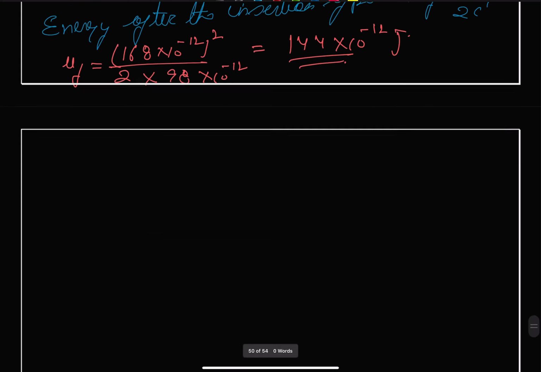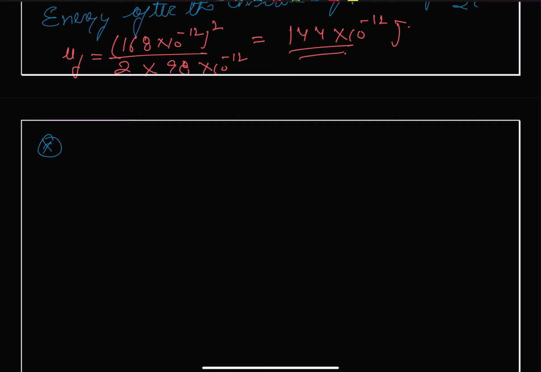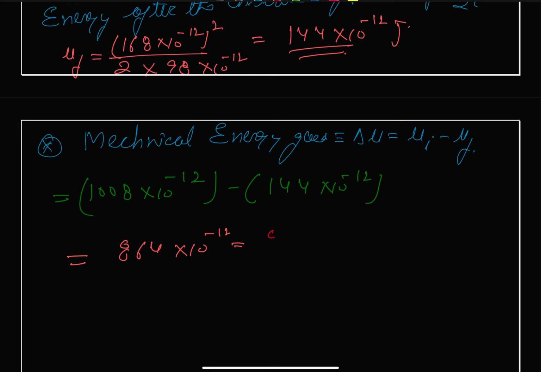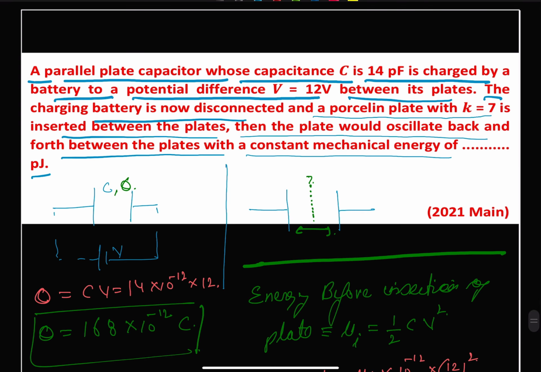So we can say that mechanical energy gained, let us call this as delta U, will be equal to U initial minus U final, and U initial is our 1008 into 10 to the power minus 12 minus 144 into 10 to the power minus 12, and this gives us 864 into 10 to the power minus 12, or we can say 864 picojoules. Energy is 864 picojoules.